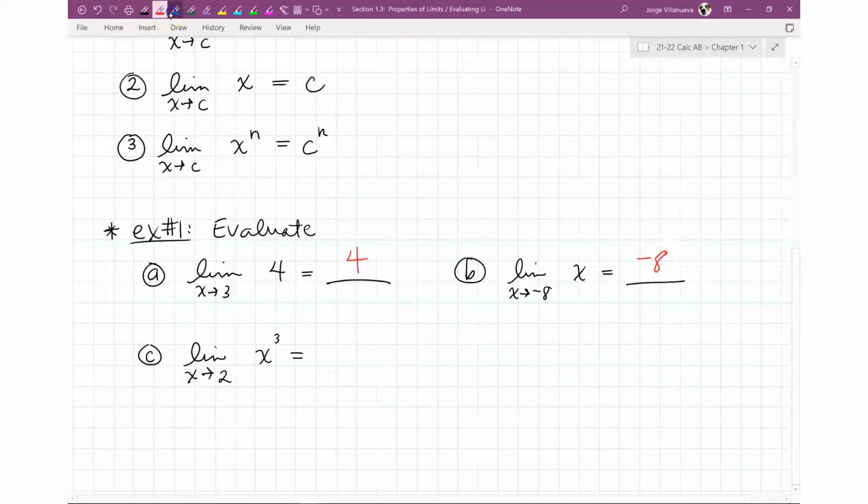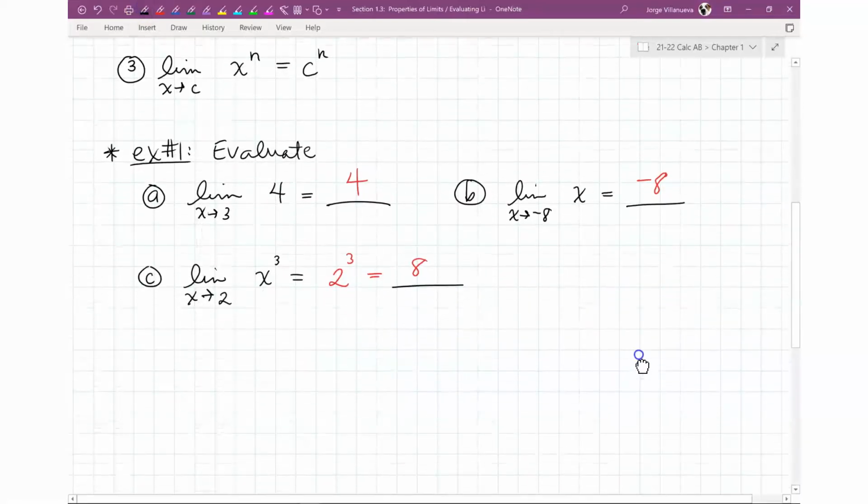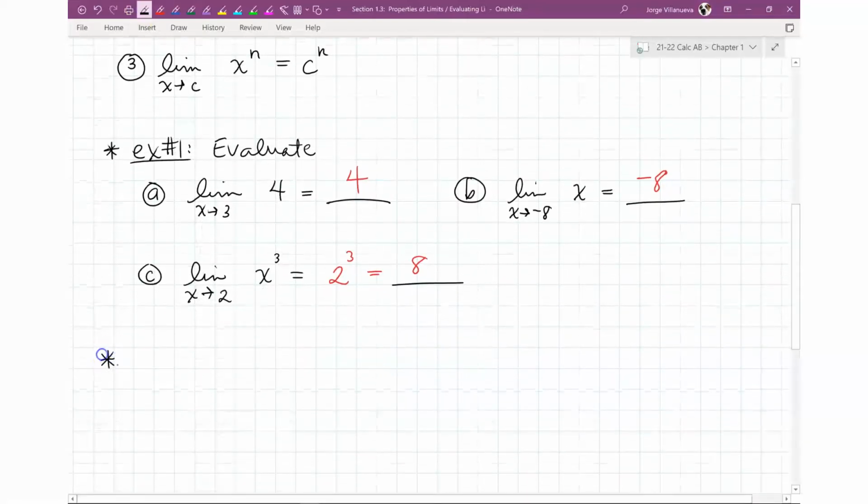I guess I could erase this and write the following. There'd be 2 to the third, which would equal, in our case, an 8. All right, so, I mean, not hard. Just know your properties, you'll be fine. All right, let me show you some other properties here. So, more properties of limits.